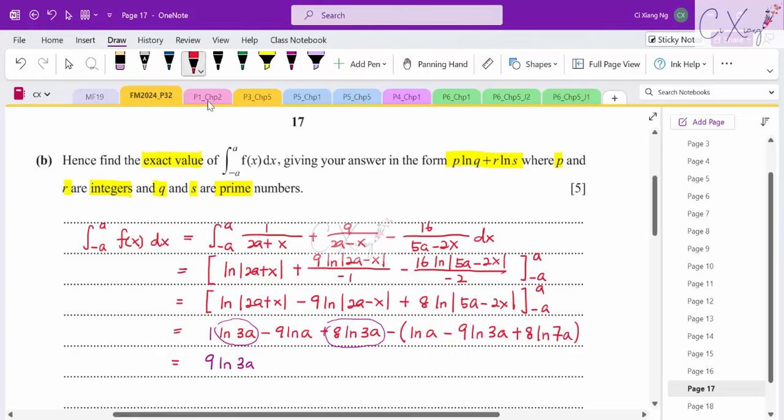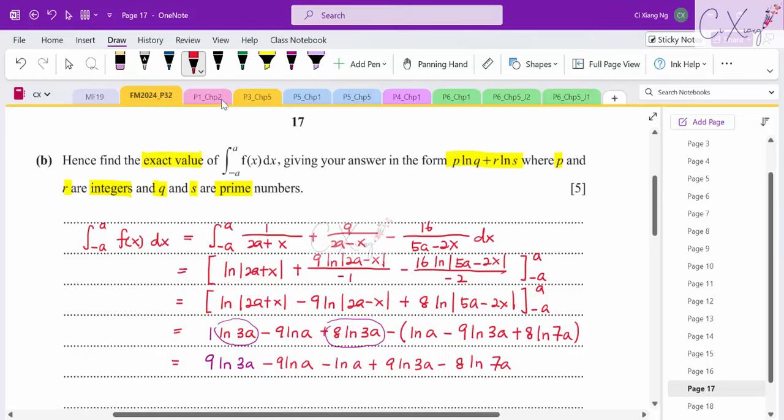Then minus 9 ln a. For the terms at the back, I multiply in the negative first. So I have negative ln a plus 9 ln 3a minus 8 ln 7a.